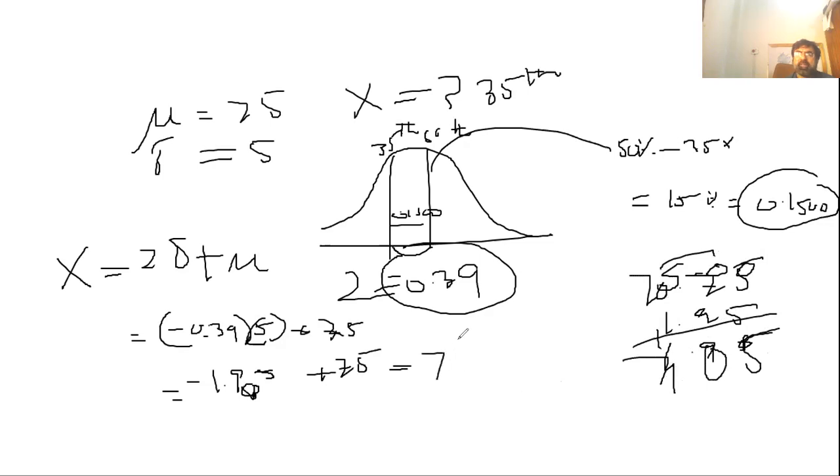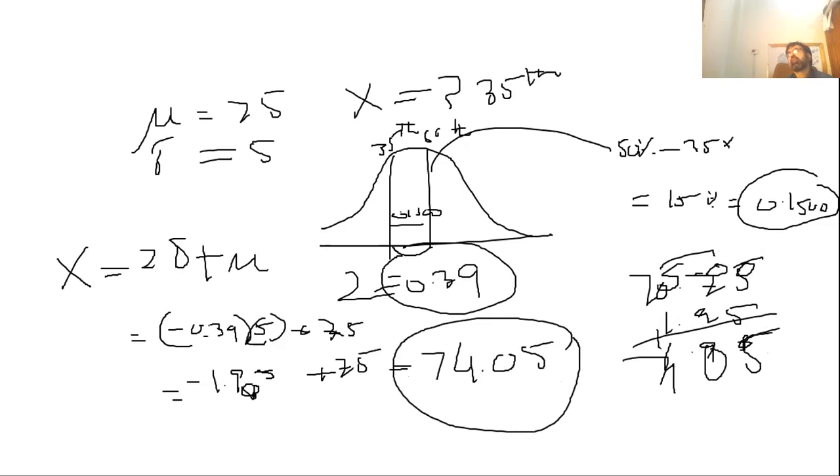So a person whose position is the 35th percentile, his individual marks will be 74.05, where the mean is 75. So this person falls below the mean.